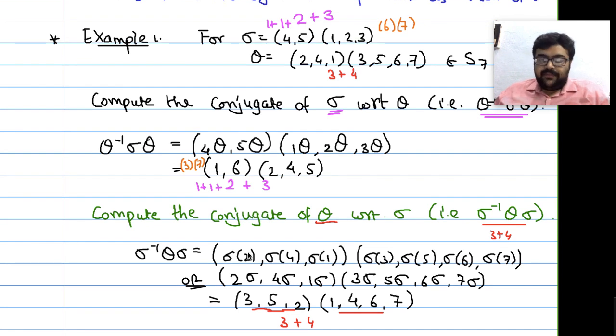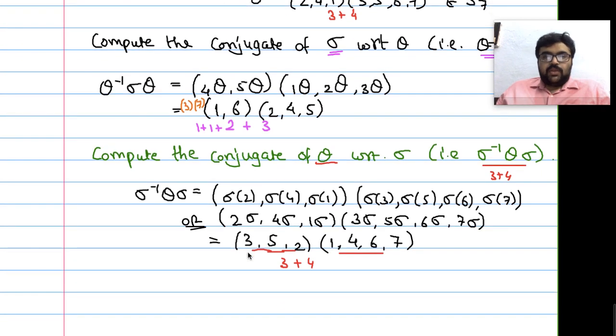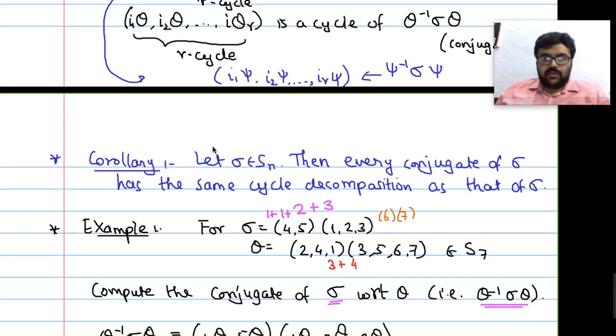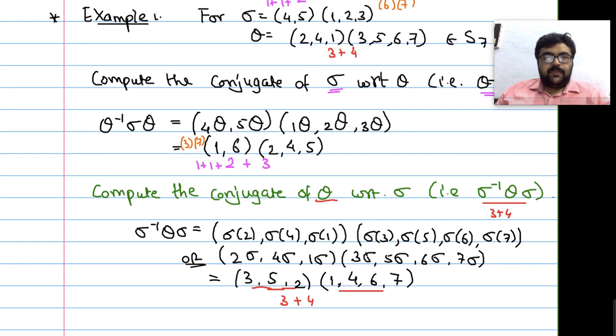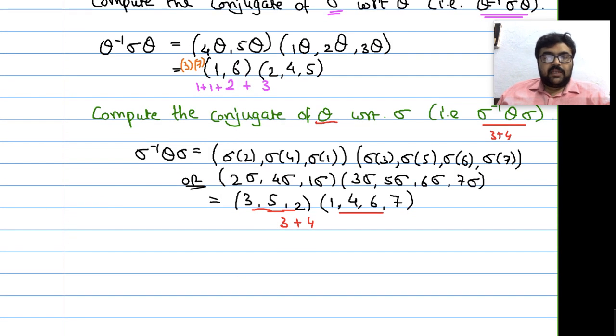With respect to psi, if psi is applied in the cycle, the lengths of cycles remain unchanged. So two conjugates give rise to the same cycle structure. So this is our result, right? If sigma is in Sn, every conjugate of sigma has the same cycle decomposition. Cycle decomposition is nothing but the partition of that n. Okay, so this is the first one, and now the second one.